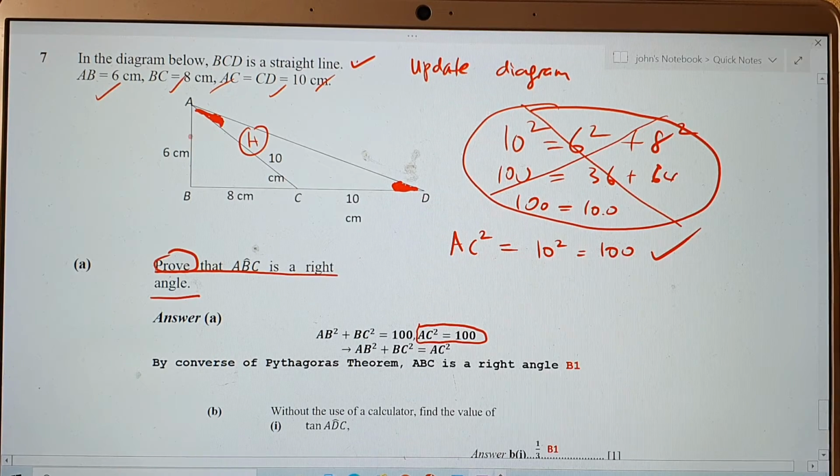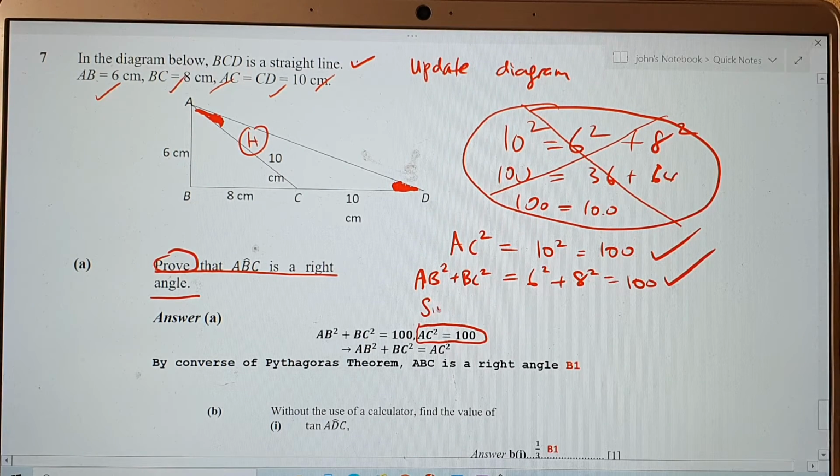You tell people, I'm squaring this side, AB square, plus the other, BC square, and I'm trying to find out whether the value is also 100 or not. And of course, you can press the calculator and these two are the same.